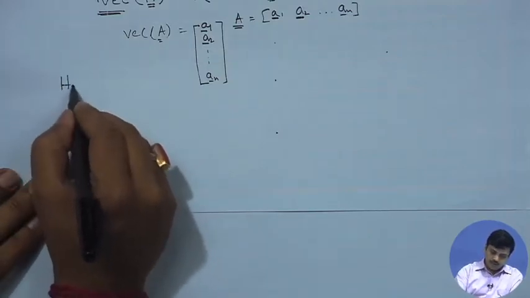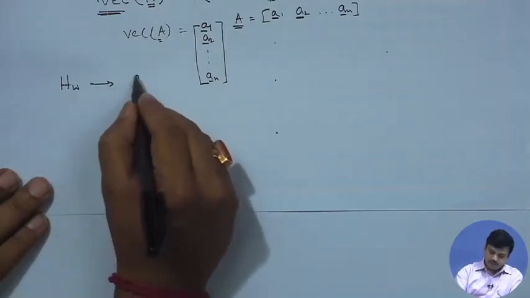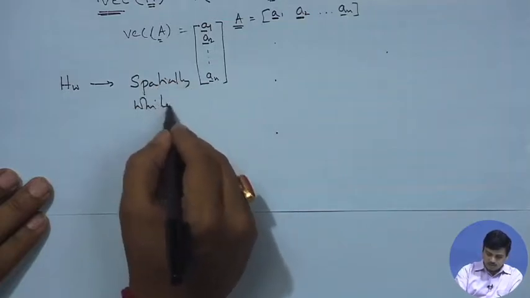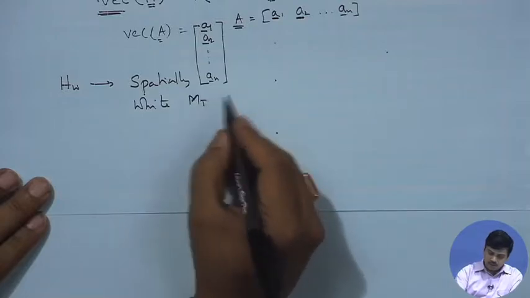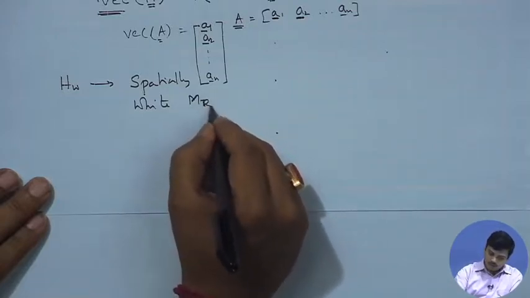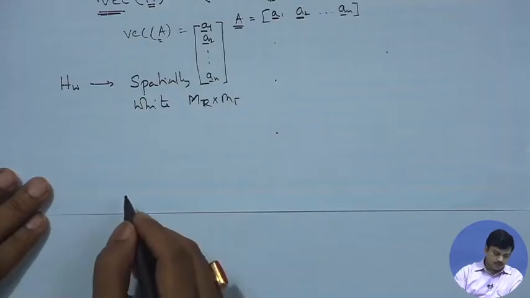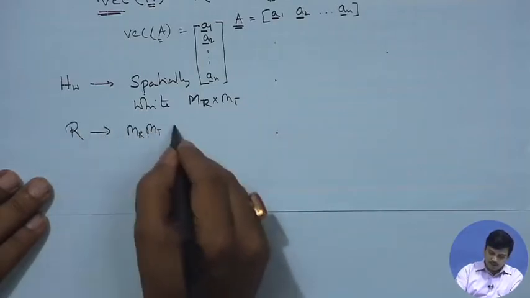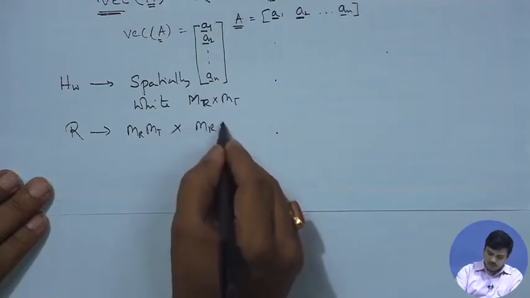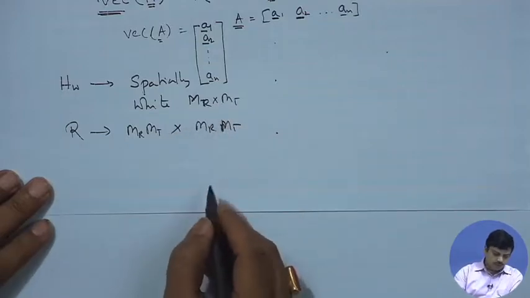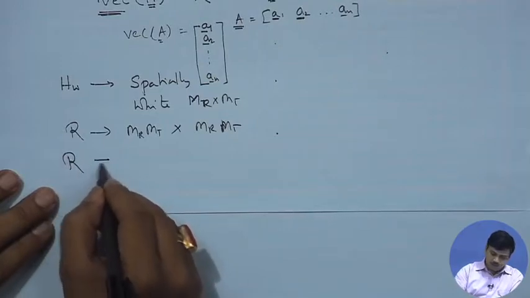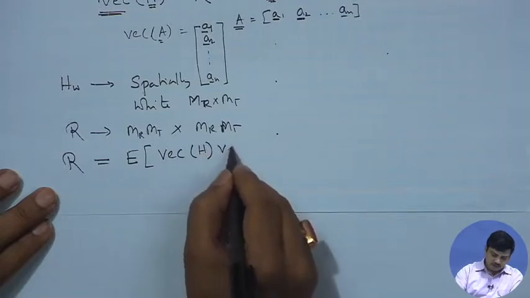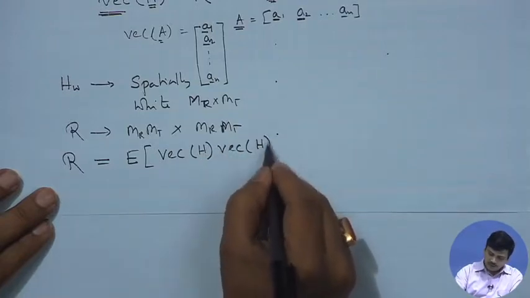So, H_w that we have over there is a spatially white MR cross MT channel matrix, and R is the MR MT cross MR MT covariance matrix, and R can be obtained as E of vec of H times vec of H Hermitian.